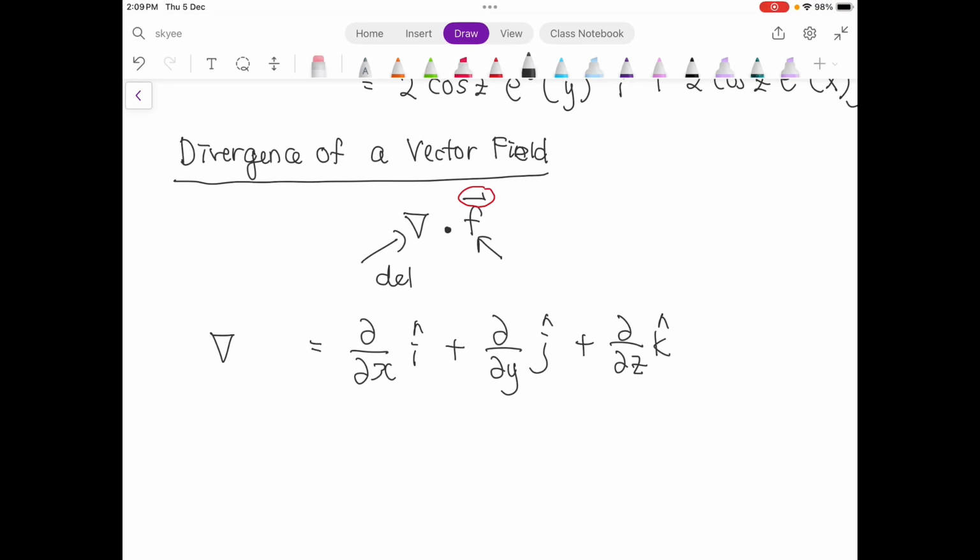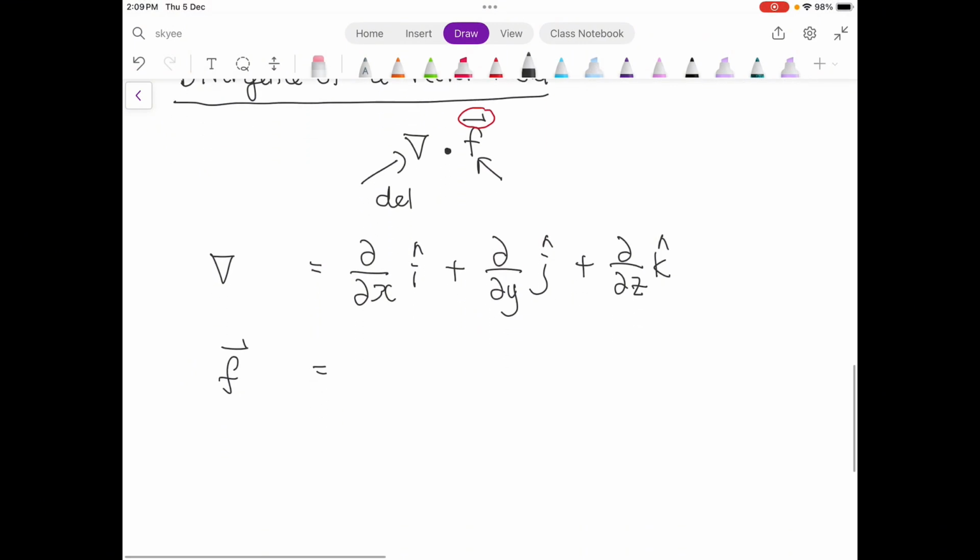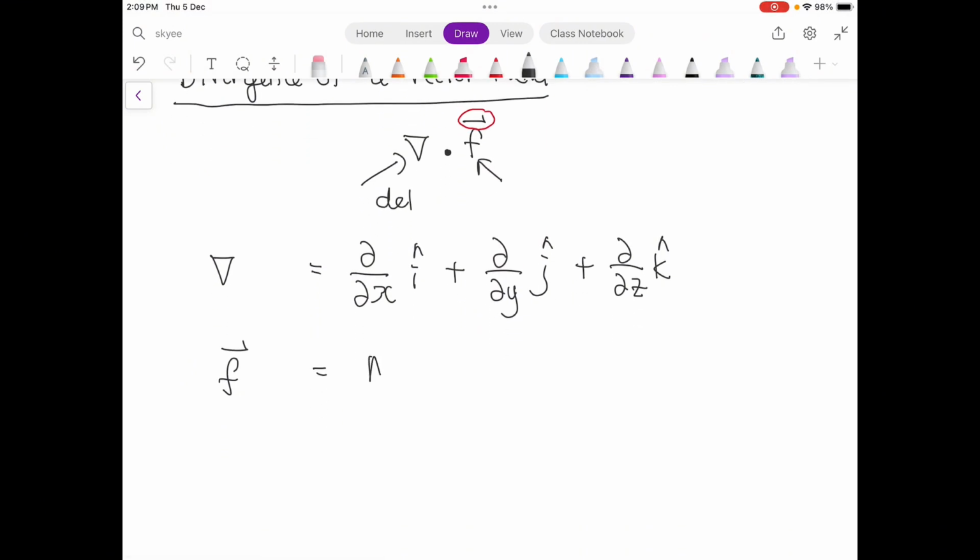This is the del that we know. So for example, now you have a vector field represented by M i plus N j plus P k.